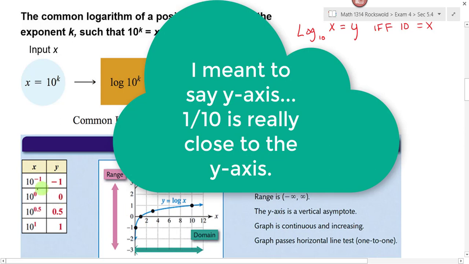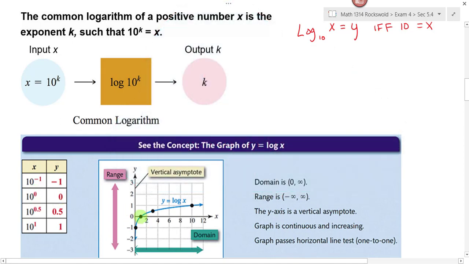If I plug in a 0 in place of y, that gives me 10 to the 0. 10 to the 0 is 1, so I have a point here at 1, 0 on the graph of the logarithm function. If I plug in a 1 in place of y for my exponent on my graph of log x, I end up with 10 to the 1 is 10. So I would have the point at 10, 1. That's how I get these points that I use to graph a logarithmic function.